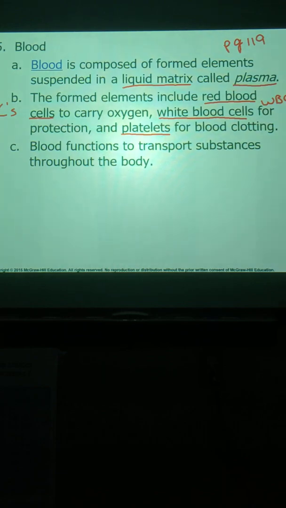White blood cells, which we can call WBCs, we know white blood cells are for protection, aiding in immunity. And then platelets for blood clotting.